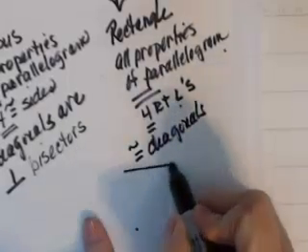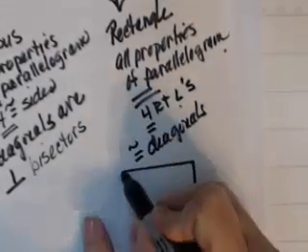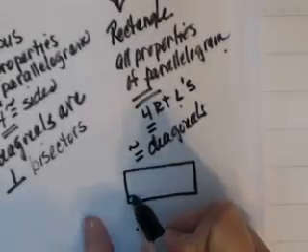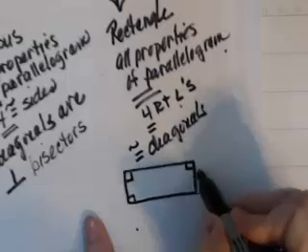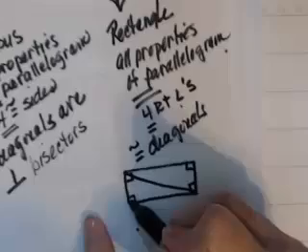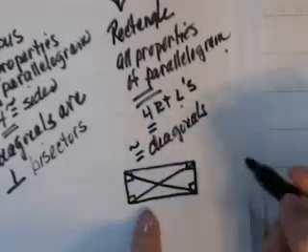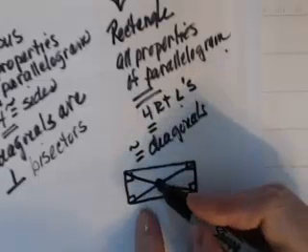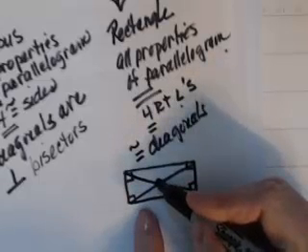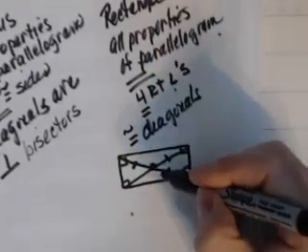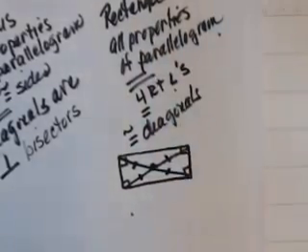So when I look at the typical rectangle, we have our four right angles, and then the diagonals are congruent to each other. That means that when they bisect, which is a property of the parallelogram, these four segments are all congruent.